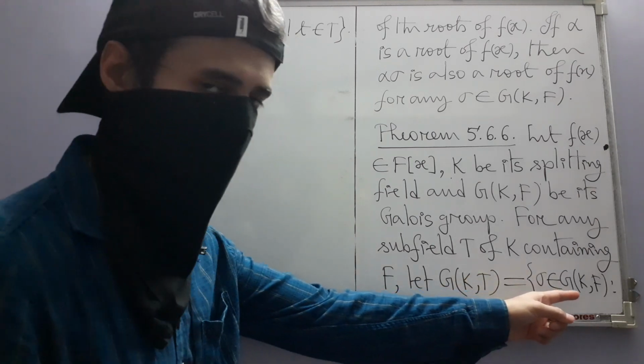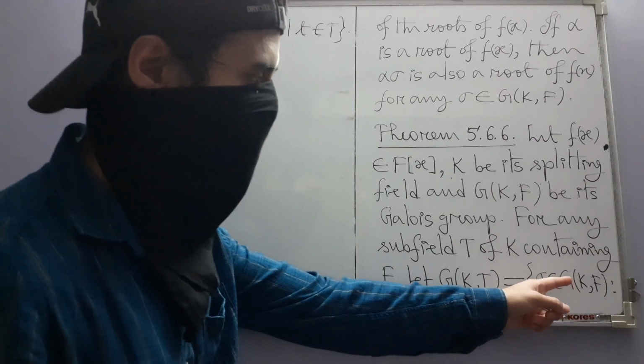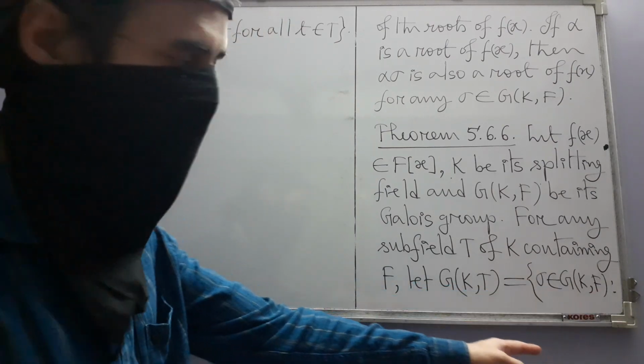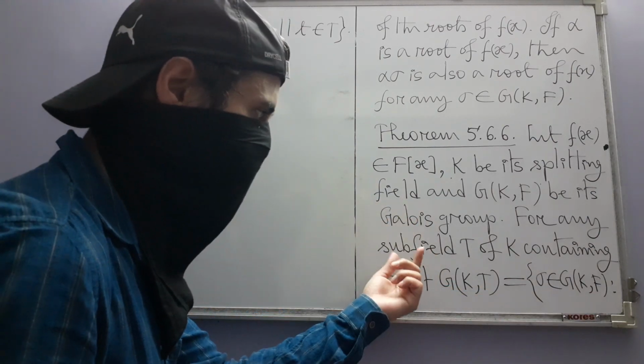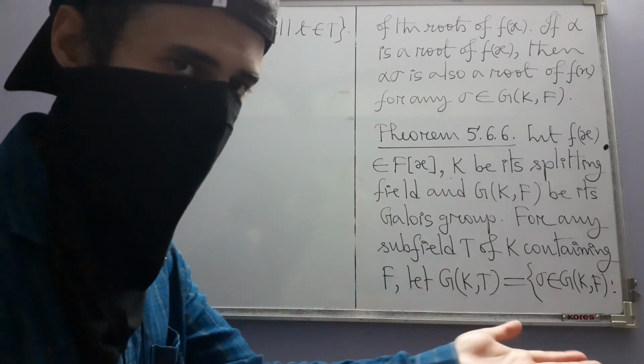You can see that by definition that is going to be a subgroup of the Galois group. For a subfield of K, we are getting a subgroup of the Galois group.